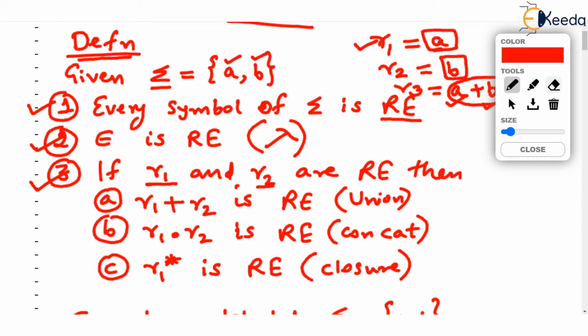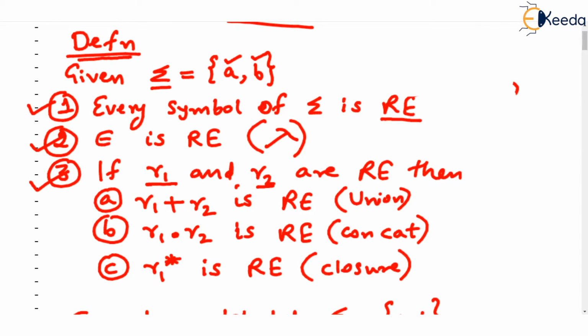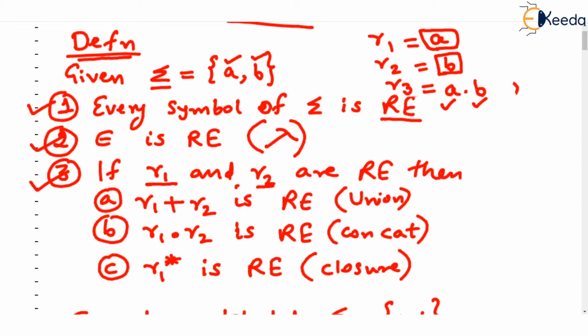Give me some time, wait a minute. I want to erase a few things so that I can make some room. Okay. Let's say R1 is A. This itself is a regular expression because A is a member of sigma. R2 is B. This itself is a regular expression, correct? Because B is a member of sigma. And now if I say R3, a new regular expression, is A dot B, then A is a regular expression, B is a regular expression.